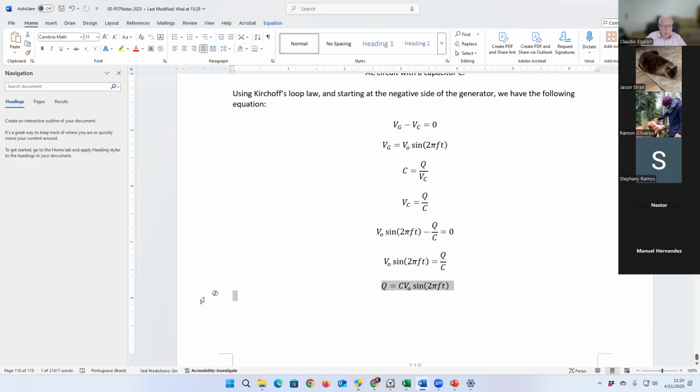So remember that the current is going to be given by delta Q over delta T. And delta Q over delta T is something like the following, like this one here.